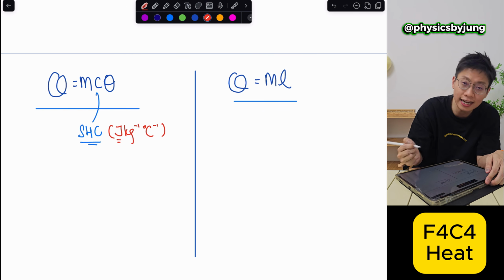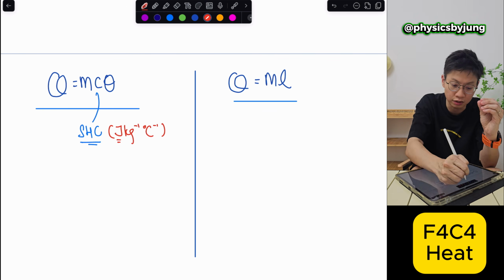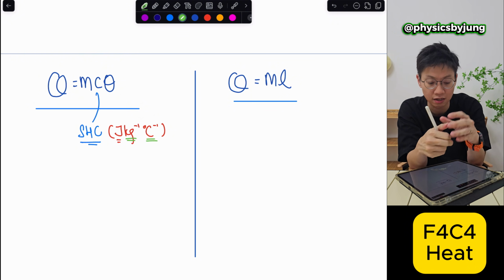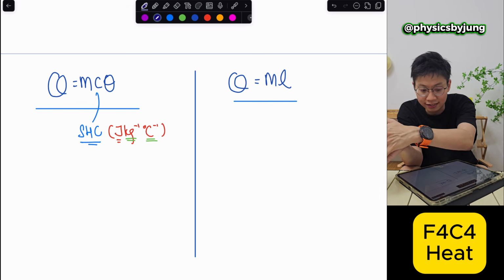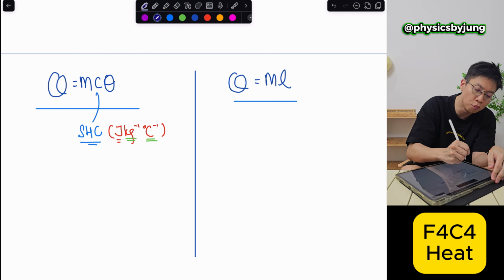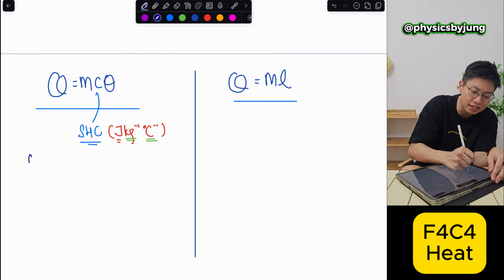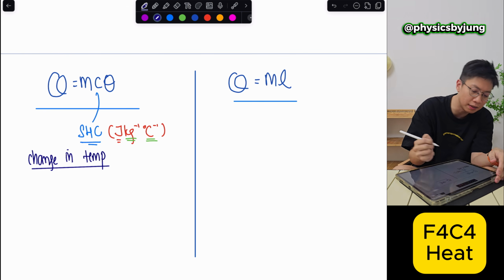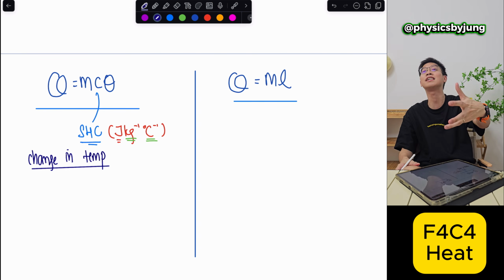It is the heat energy needed to raise 1 kg of substance by 1 degree Celsius. There is more explanation in the exercise video, but usually we use this when your question has a change in temperature. What's a change in temperature? Meaning that this thing becomes hot.